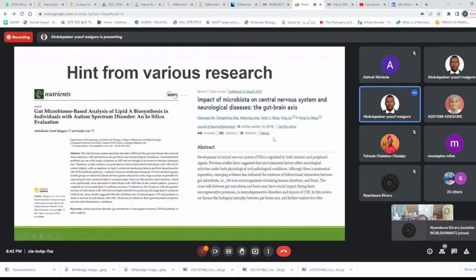disorder patients. Also, in another research, some people found out that this gut microbiome has a great impact on neuronal diseases. There are many research studies which one can read to understand this concept of how the gut microbiome influences brain disorders.